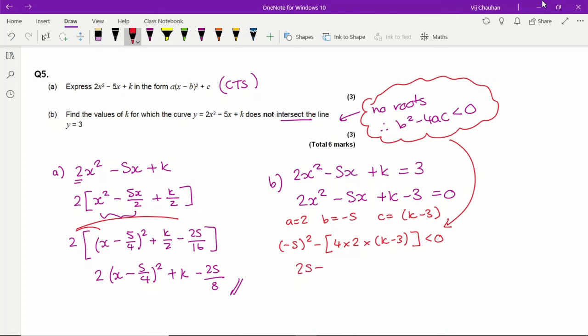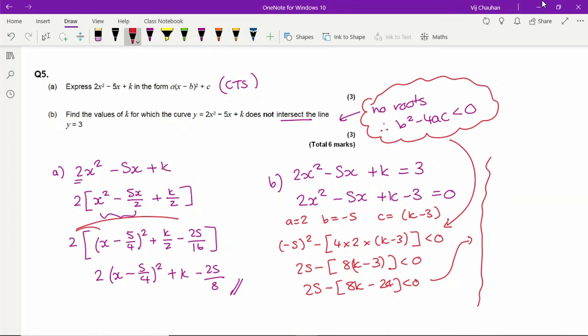So what we get is 25 minus 8(k minus 3) is less than 0. Let's expand the brackets first. I've got 8k minus 24, and then if I move over here, I've got a bit more space.